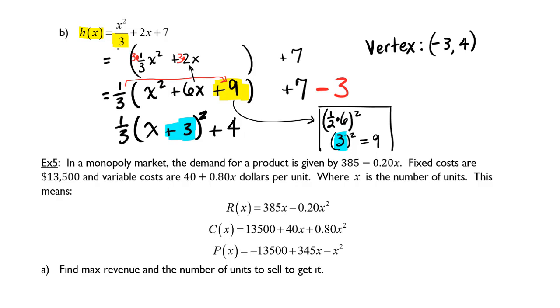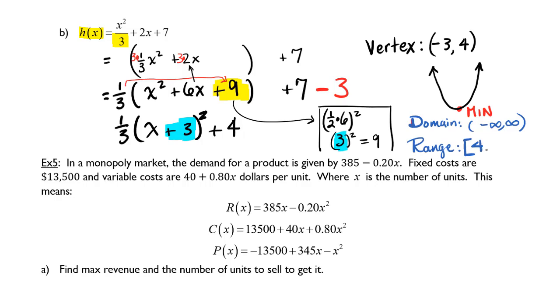And since my leading coefficient on h of x is positive, I know my function is opening upwards, which means that my vertex is at a minimum. The domain of this function is -infinity to infinity. And my range will be from 4 to infinity.